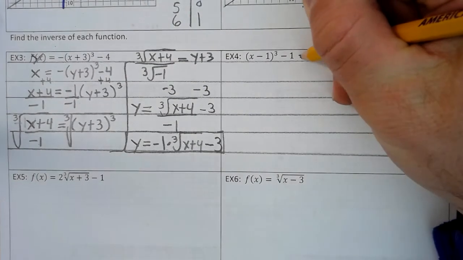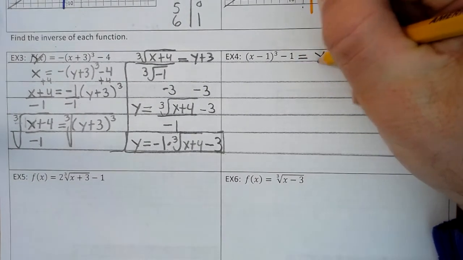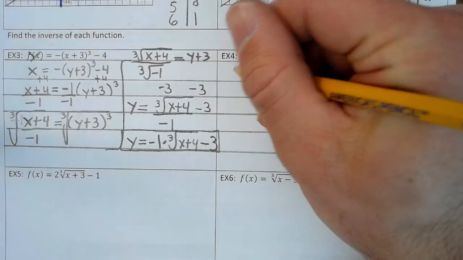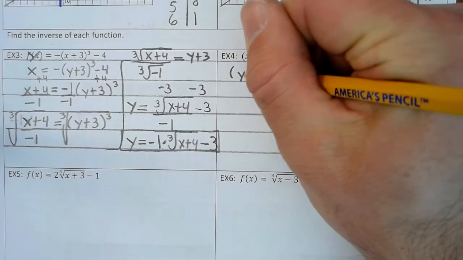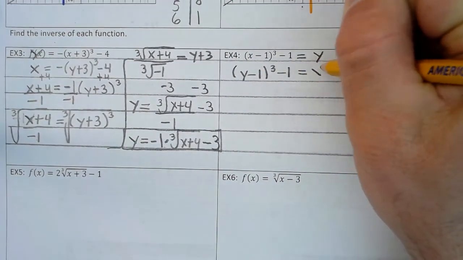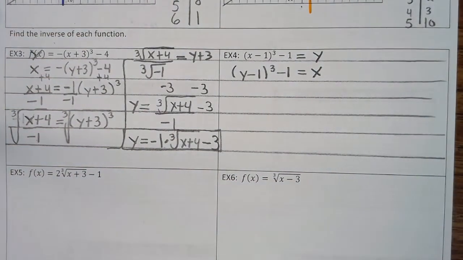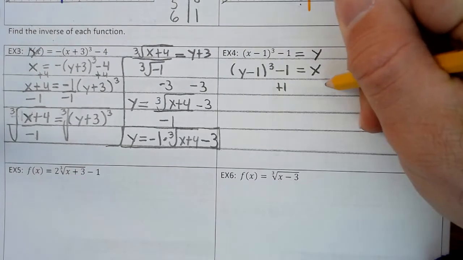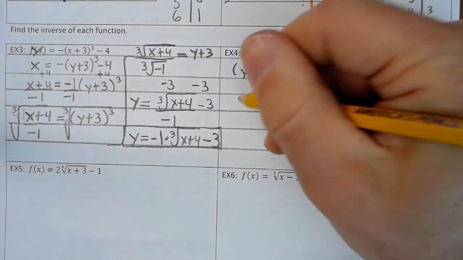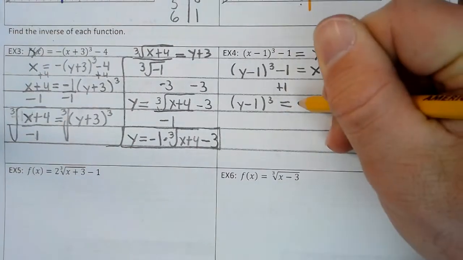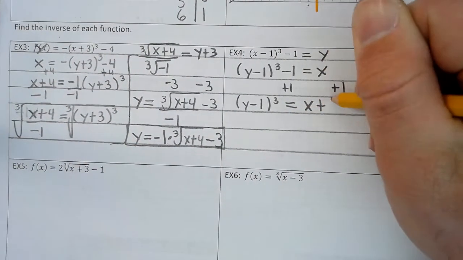Looks like there's a mistake. Let's just correct it by putting equals y. All right, so first step is switch x and y. So then that's y minus 1 cubed minus 1 equals x. And then we're going to solve for y. So we add 1 to both sides. So then we get y minus 1 cubed equals x plus 1.